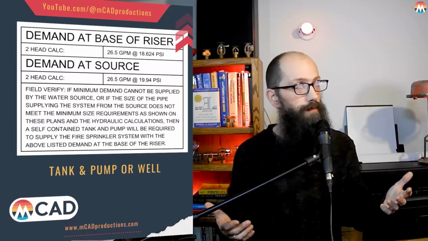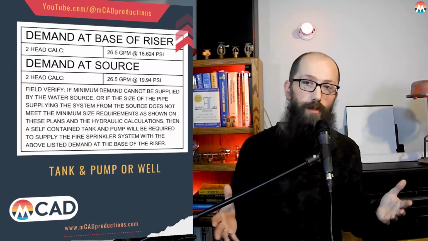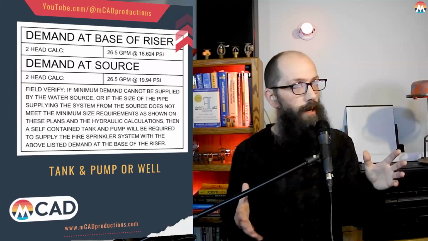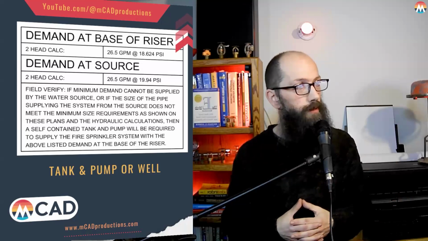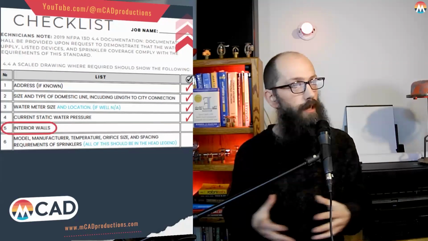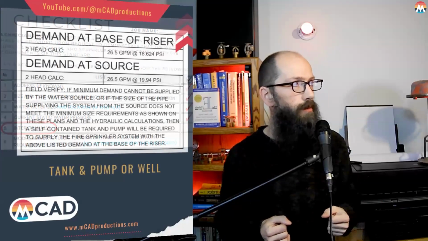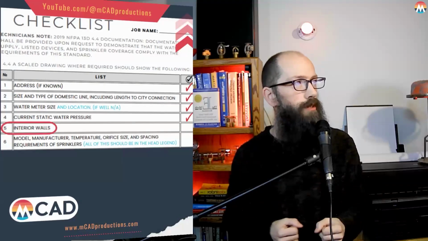We also have several versions of this that we have in-house that are just slightly different. But we only talked about these two in the course to not over complicate things. But that's basically what we use, whether it's on a tank and pump or a well.